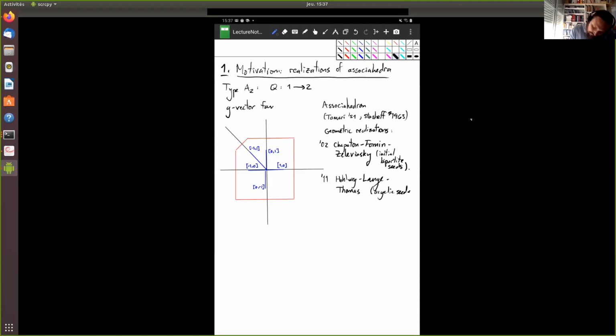And finally, using the G-vector fan, just as I've done in this picture, for any initial seed. This was done in 2018 by Hohlweg, Pilaud, and Stella. So any initial seed, always in finite type.